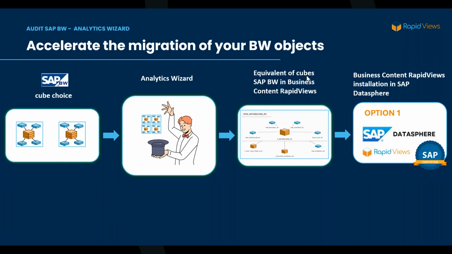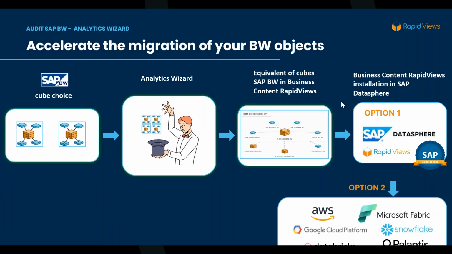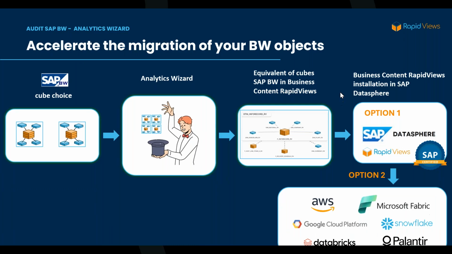So the first option is to make it directly into Datasphere. It will transform it into a Datasphere model, or you can directly push it into an external data lake, like Microsoft Fabric or Snowflake.